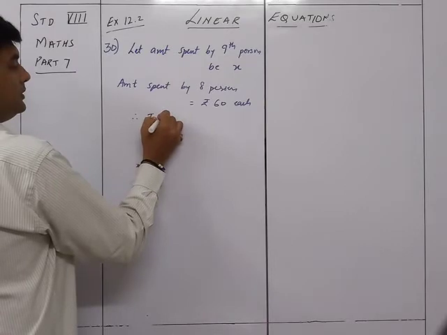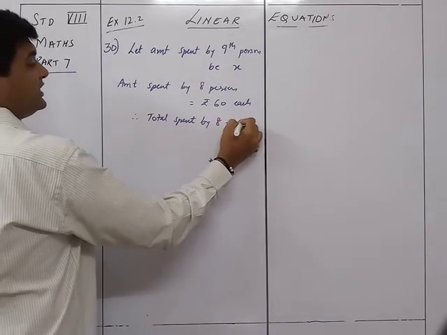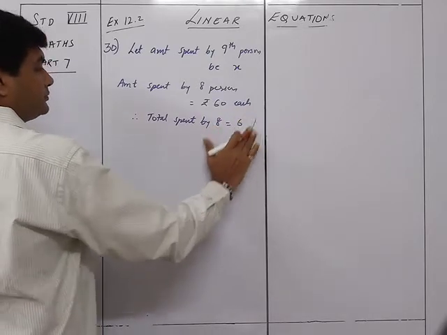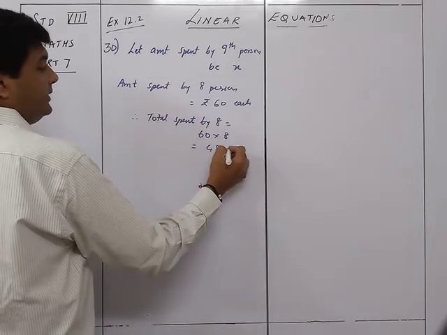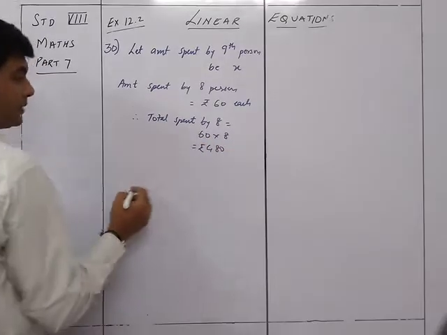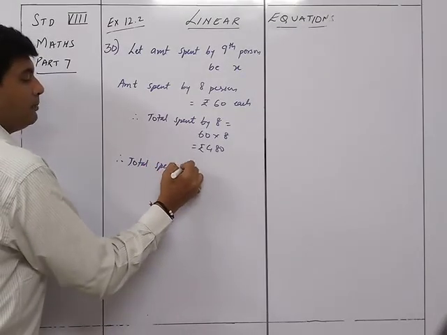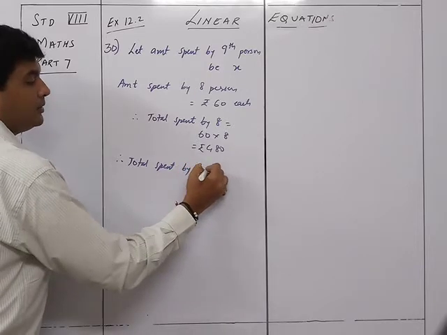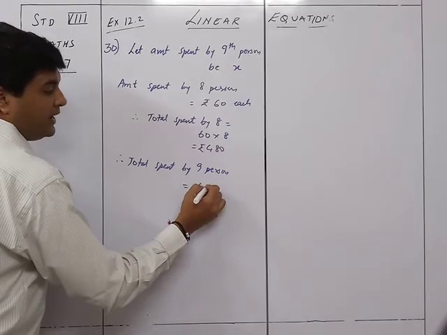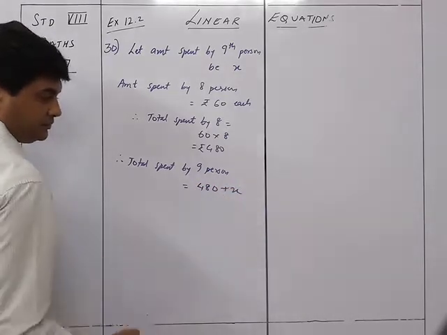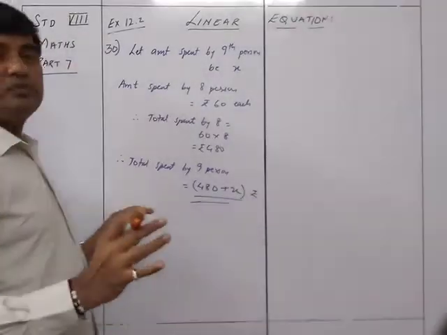Therefore, total spent by the 8 is equal to 60 into 8, which is equal to 480 rupees. Therefore, total spent by the 9 persons is equal to 480 plus x. This is the amount all of them spent together.